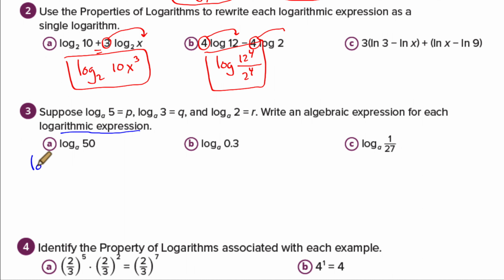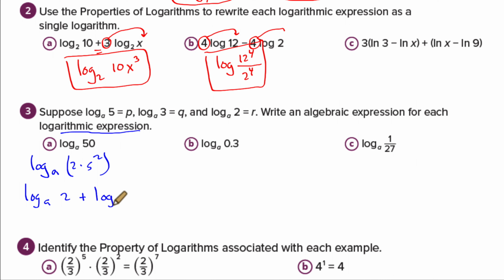So I'll show you what I see right here. I know that 50 is 2 times 5 squared, right? So 50 is 2 times 25, and that's 5 squared. So log base a of 2 times 5 squared, I can just break that up into log base a of 2. Now remember our rules. We're multiplying. Product rule here. So we're going to add logs.